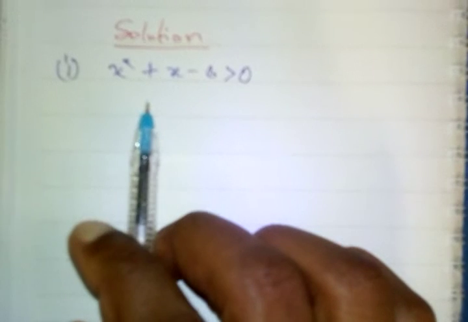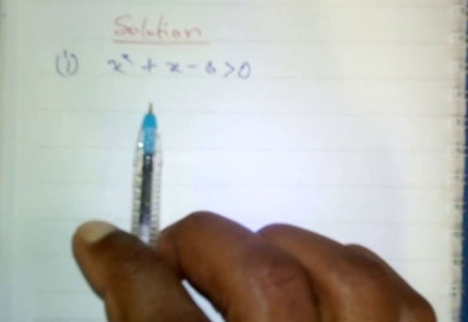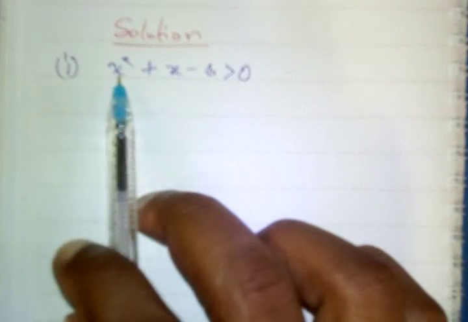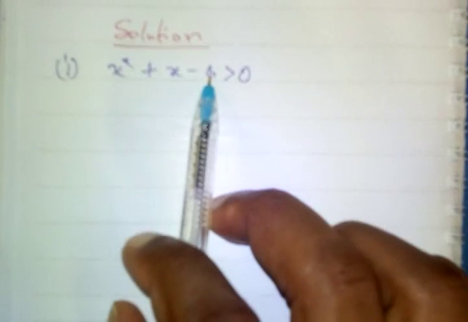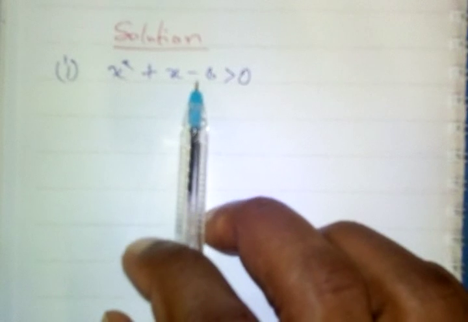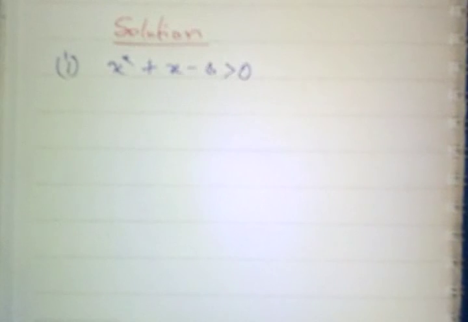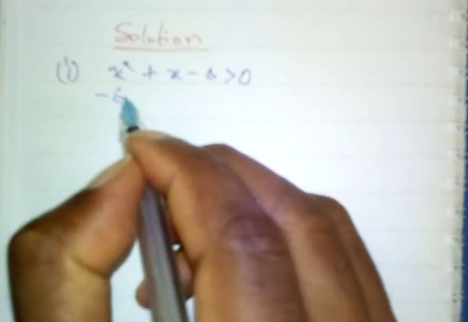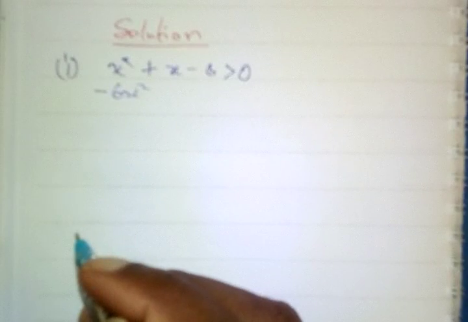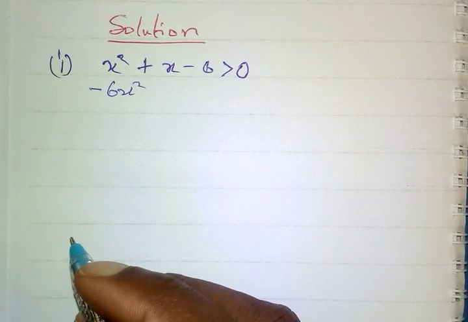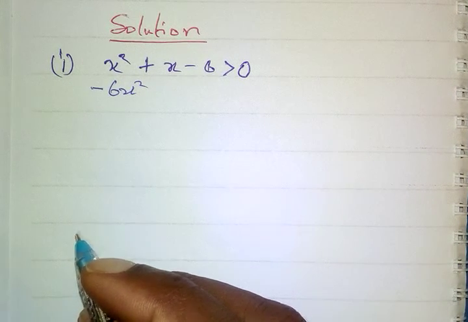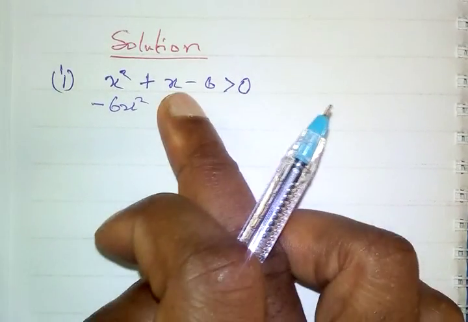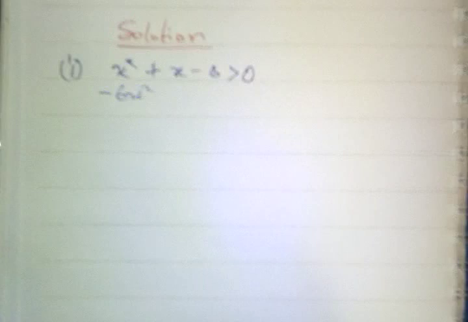In factorizing the left side of the inequality, I will multiply the first term with the last term, that is x squared times negative 6, and that is going to give me negative 6x squared. Then I will consider factors of negative 6x squared such that when I add them together, they will give me x, which is the middle term.